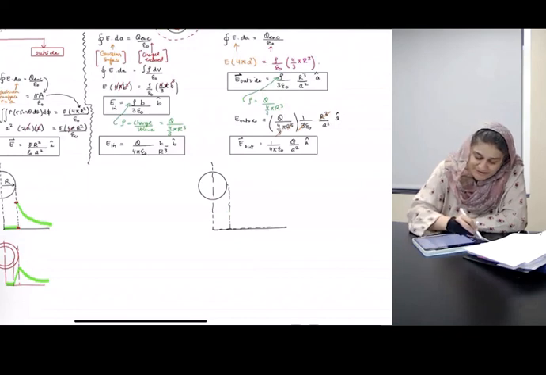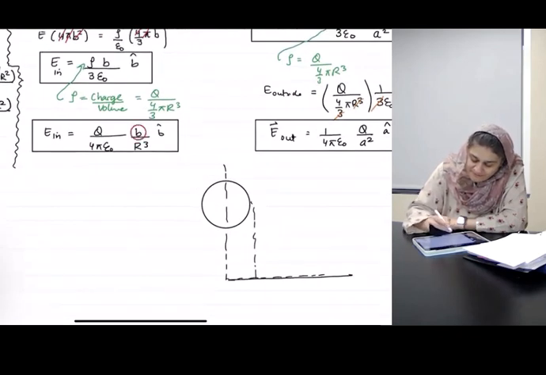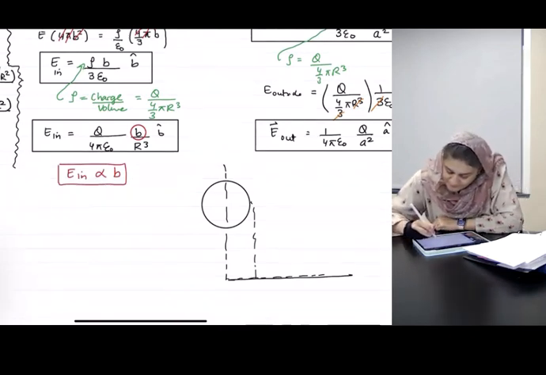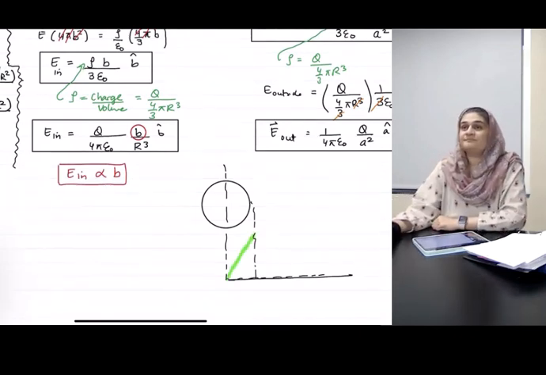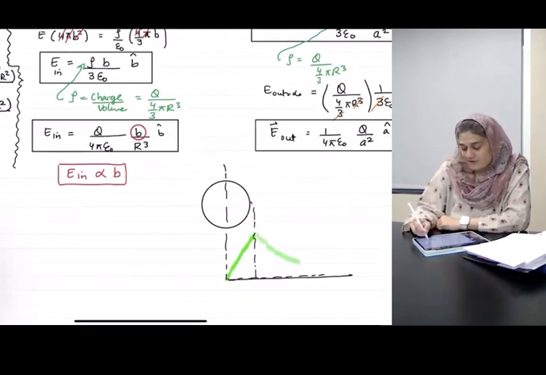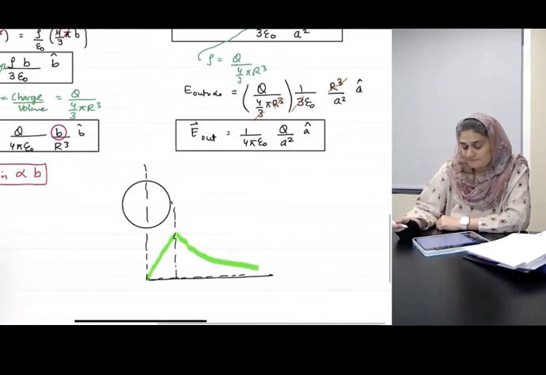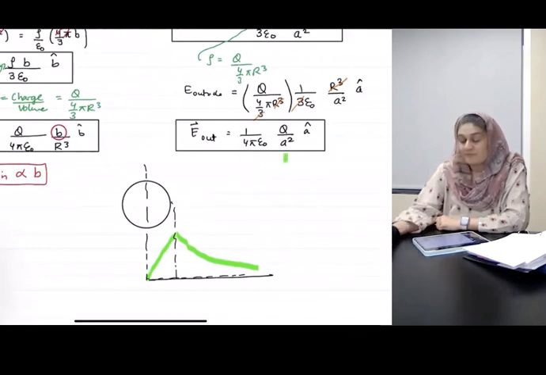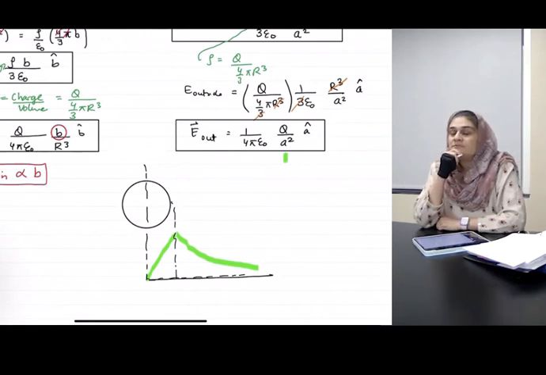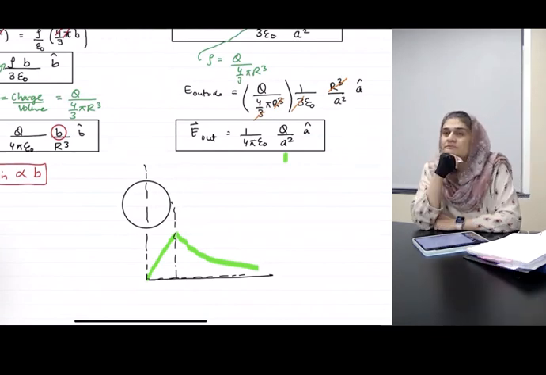It's proportional to this number. So be very careful. Look at this. E in is proportional to B. As you increase B, your field goes up until it reaches the surface, and then it goes as 1 over R squared. Here. Good?